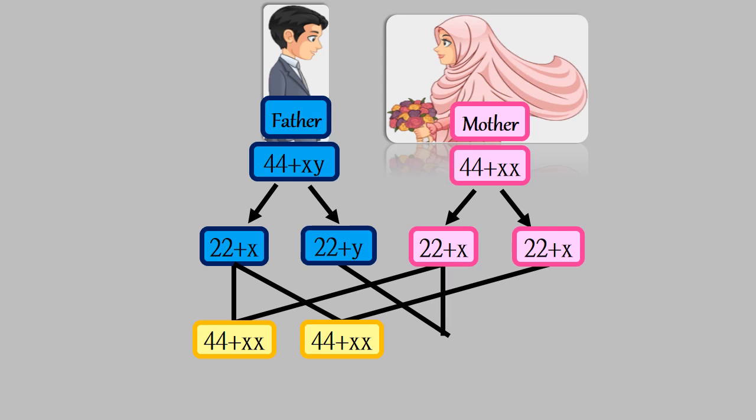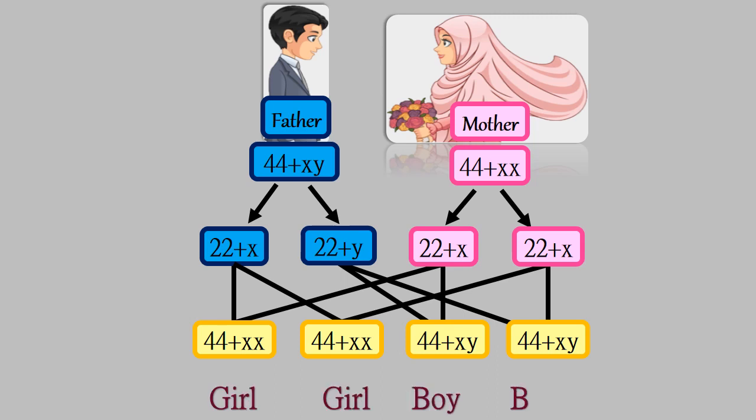Meanwhile, if the sperm 22 plus Y fertilizes the ovum 22 plus X, a male child will be born with 44 plus XY. Therefore, the chances of getting a baby boy or a baby girl at every pregnancy is equal, which is 50%.